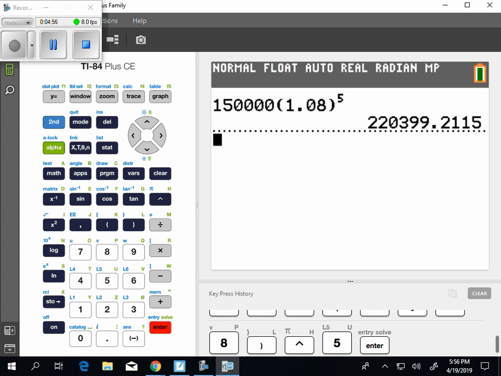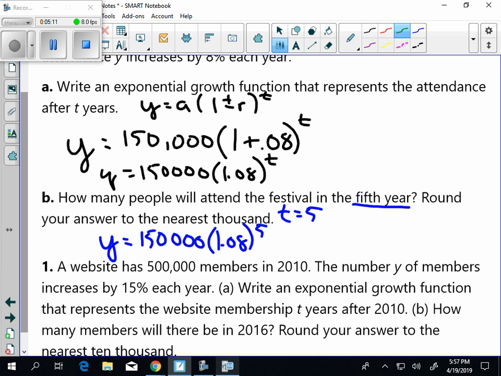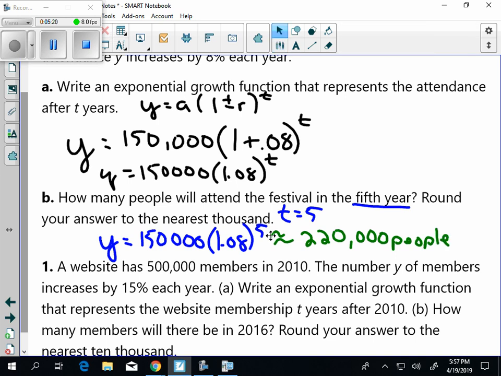Here's my thousands place. Looking at the digit after it, which is a 3, tells me I'm not going to round up, so I have approximately 220,000 people in attendance.